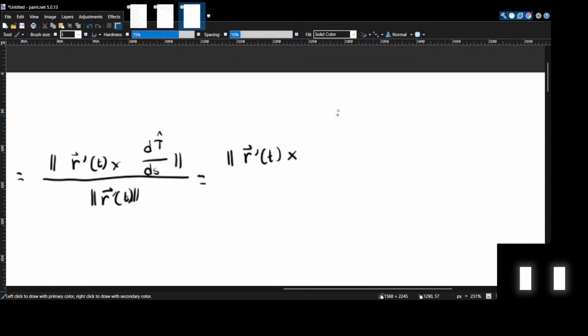So this one becomes dT by dt divided by the norm of r prime. And then of course you find the norm of the whole thing.